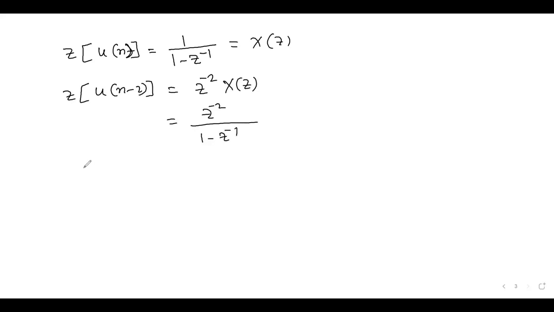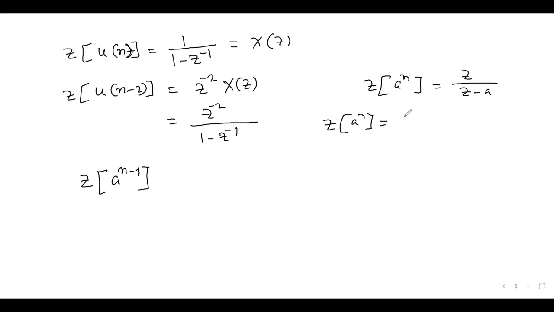All right. Say, for example, you are asked to find the Z transform of a to the power n minus 1. You know the Z transform of a to the power n. What is that? That is z by z minus a, right? Because the Z transform of a to the power n, assuming this is multiplied by u of n, is the sum for n equal to 0 to infinity of a to the power n z to the power minus n.